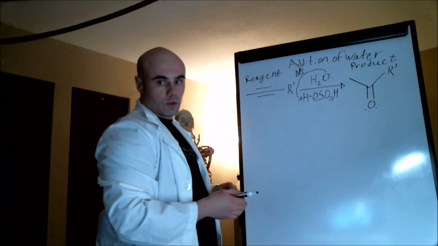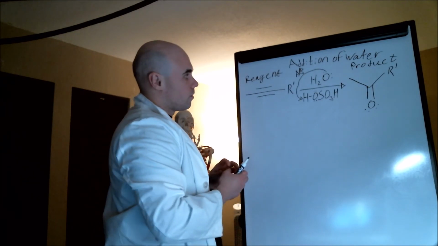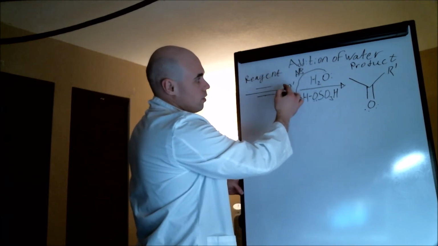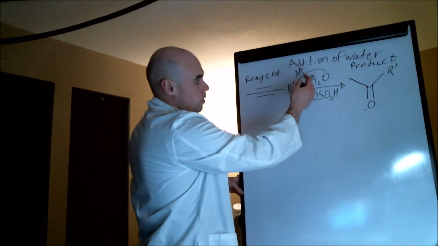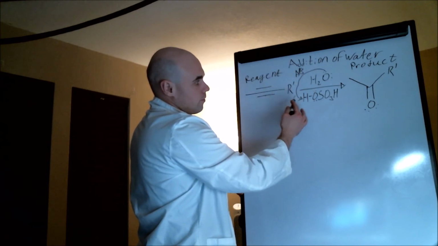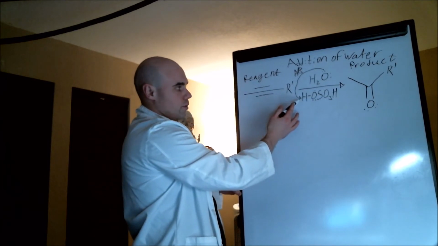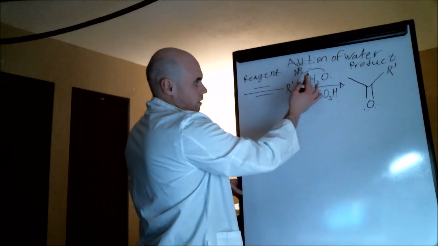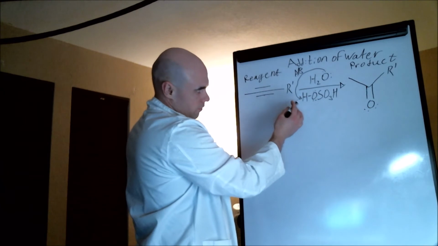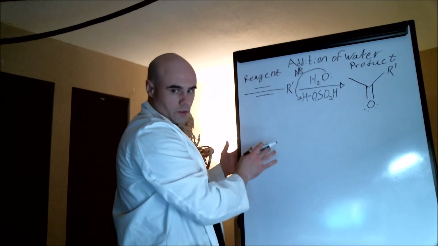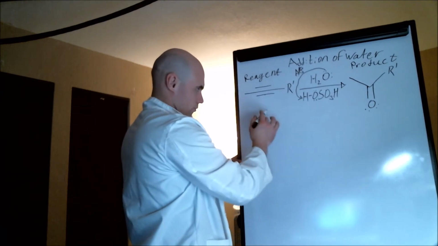So once we add those together, what's going to happen first is an acid-base reaction where the water is going to get protonated by the sulfuric acid. So the electrons from the water are going to attack that hydrogen proton and steal it away, leaving a weak base in the solution. But that's not important because it doesn't do any important function here.